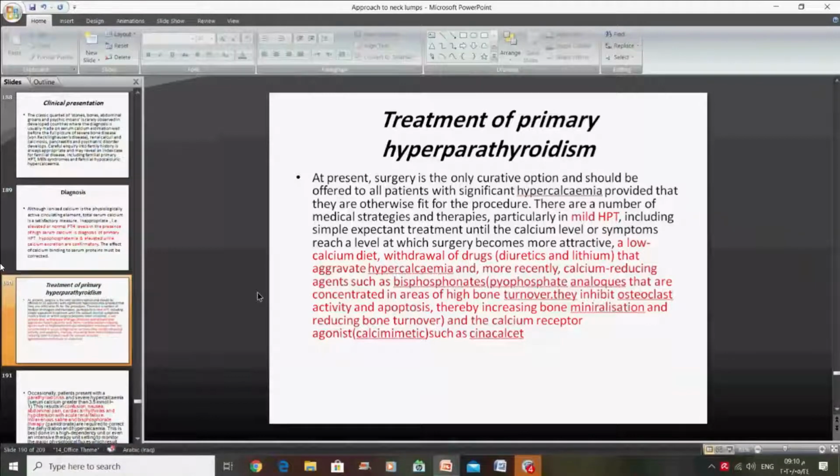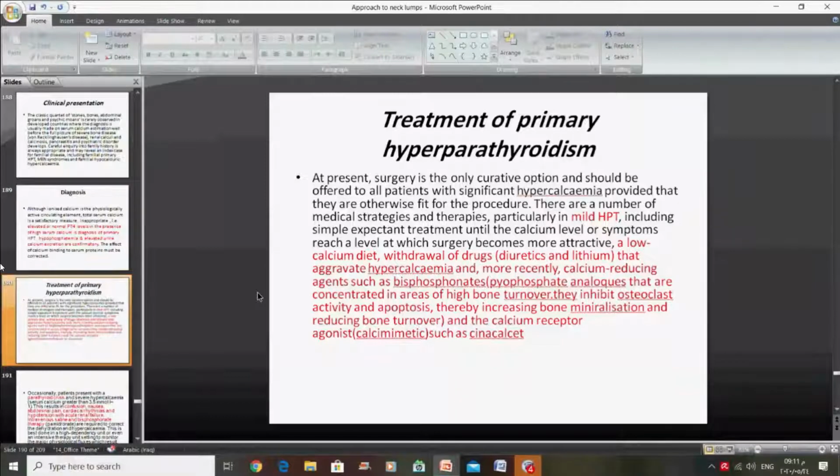Okay, okay. What is this medical treatment in early cases? Low calcium diet, withdrawal of the drugs that cause hypercalcemia, such as diuretics and lithium, and more recently calcium-reducing agents, which are the bisphosphonates. What are bisphosphonates? They are bisphosphonate analogs that are concentrated in areas of high bone turnover.